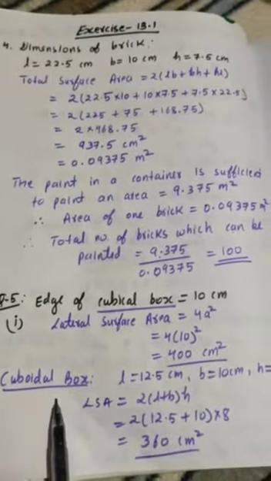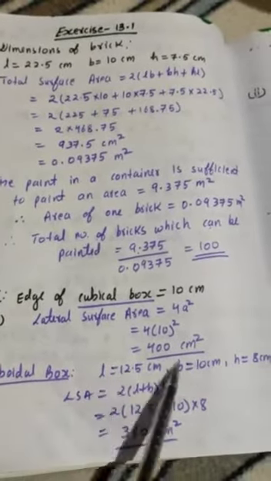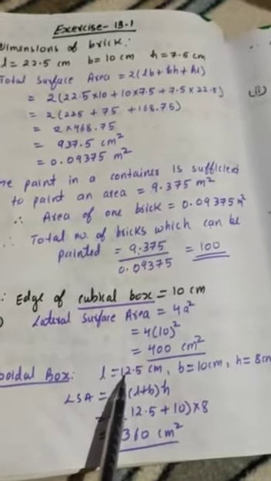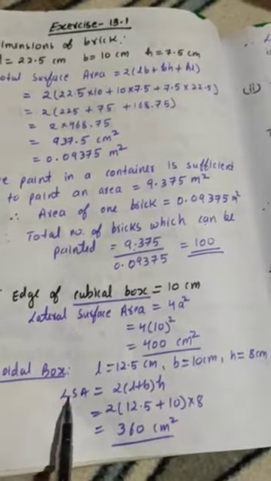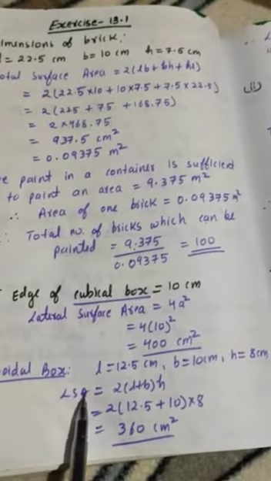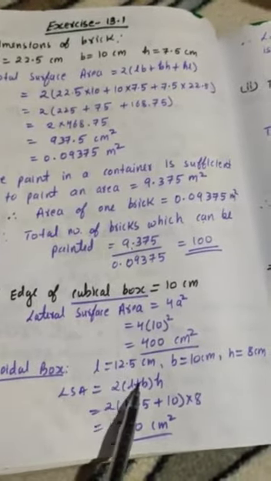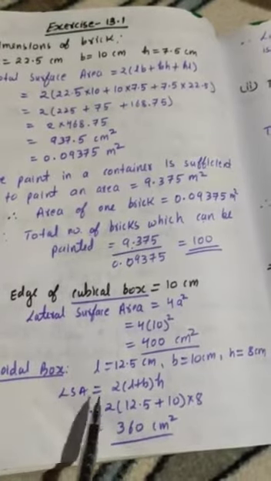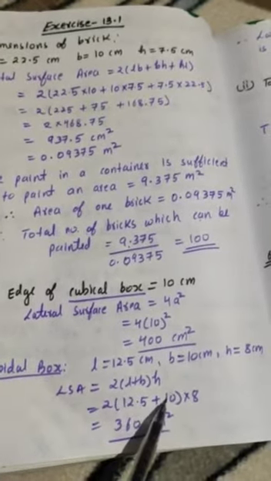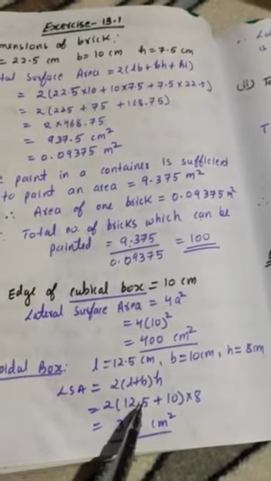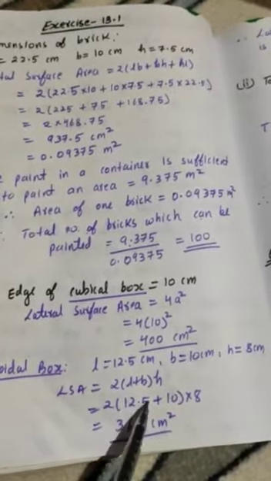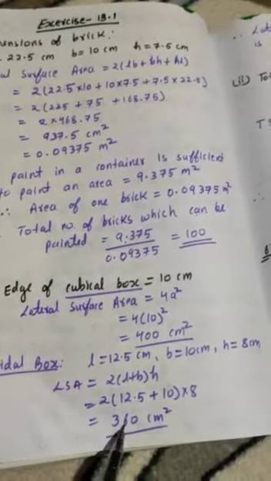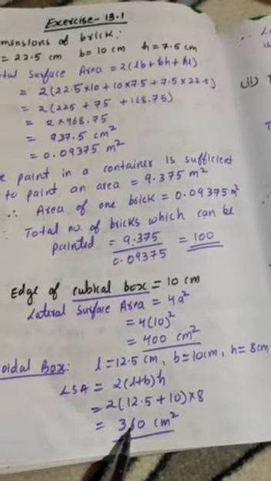Then you have another cuboidal box whose length, breadth and height are given to you: 12.5 centimeter, 10 centimeter and 8 centimeter. Its lateral surface area you will calculate as 2 into (L plus B) into H. So it will be 2 into (12.5 plus 10), which is 22.5, into 8, into 2, which will give you 360 centimeter square.